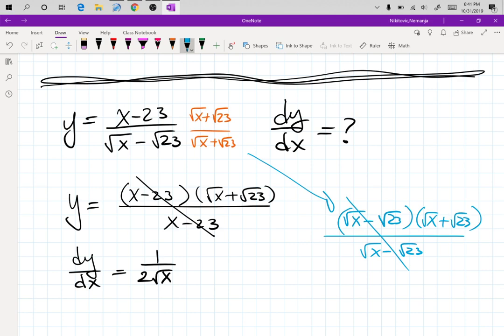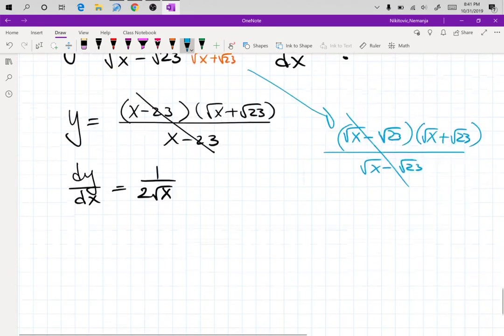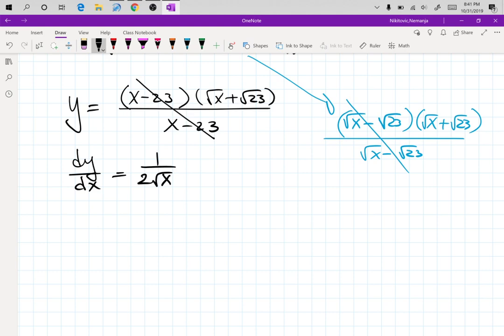So the two very important inverse trig derivatives would be inverse sine and inverse tangent, where inverse tangent is a little bit more important than inverse sine, right? So those two are absolutely must know. The other four, not as important.